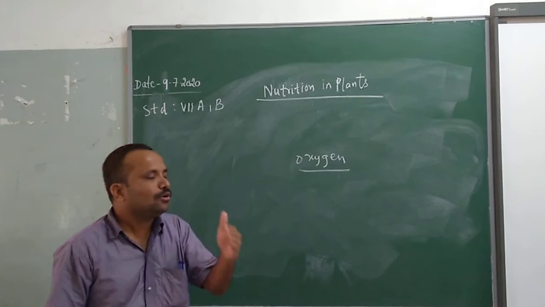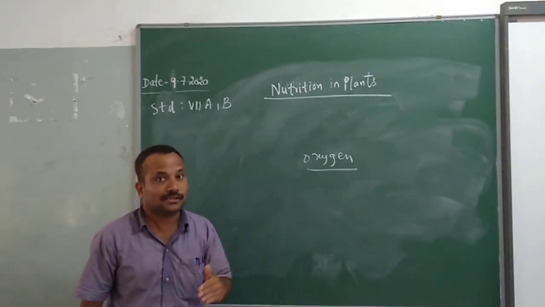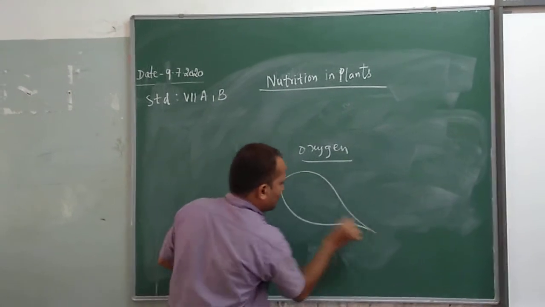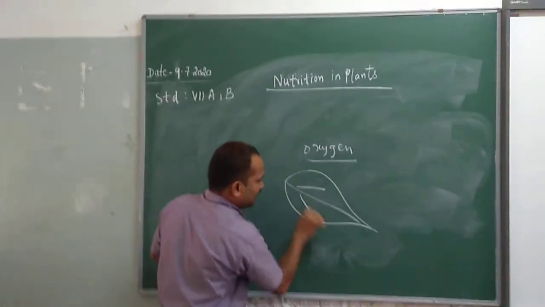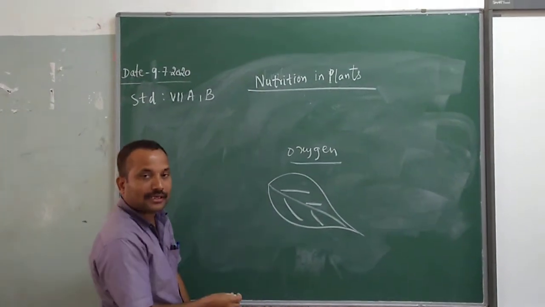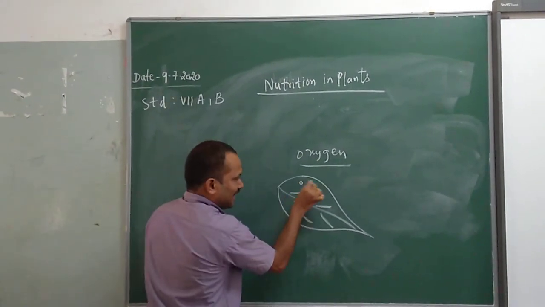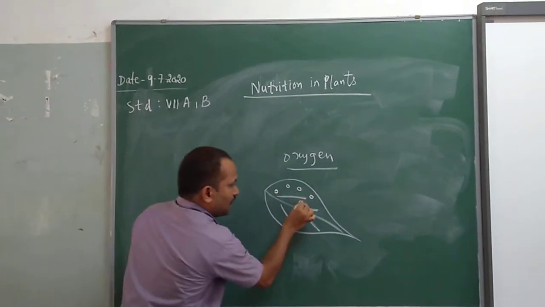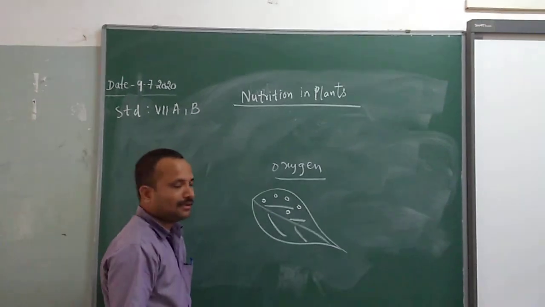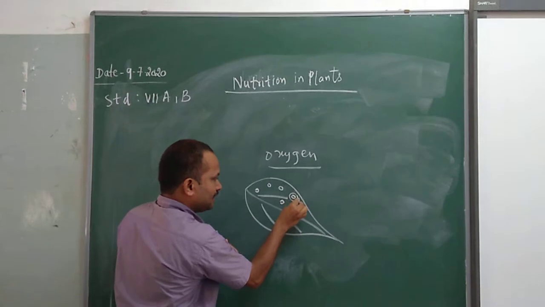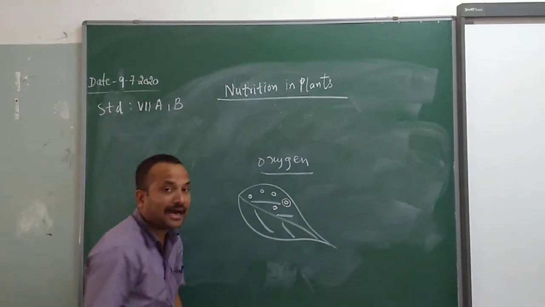Then I told you, children, during photosynthesis, when a leaf is there, the top layer of the leaf consists of cells. These cells are covered by guard cells.